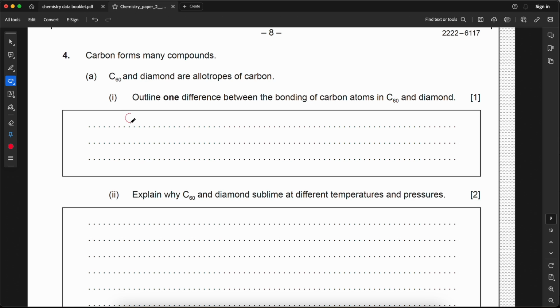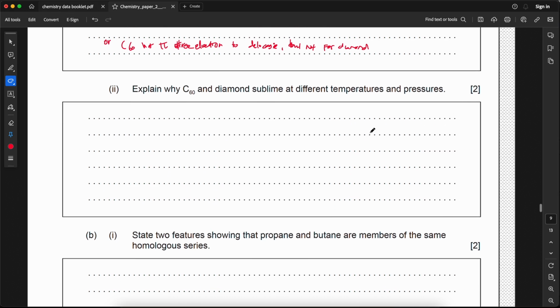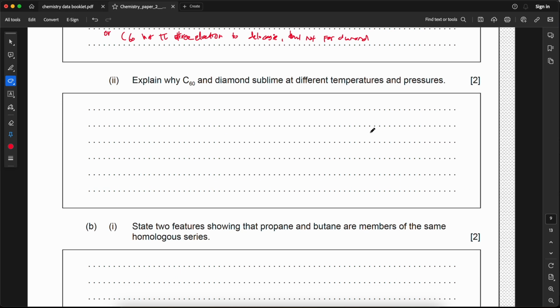Okay, so C60 is bonded to 3 C, and diamond is bonded to 4 C. Another answer, because it's only 1 point, you can also say C60 has pi free electrons to delocalize, okay, in their bond, but not for diamond, okay?